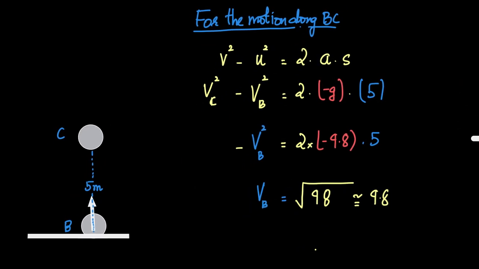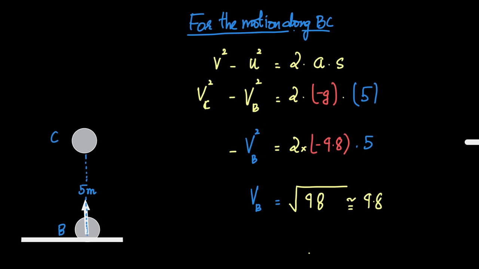Now for the motion along BC. What would motion along BC stand for? After impact till reaching a height of 5 meter, from B to C. The final velocity is VC. Initial velocity is velocity at the initial point, which is VB. Acceleration is minus g. Why? Let us see.